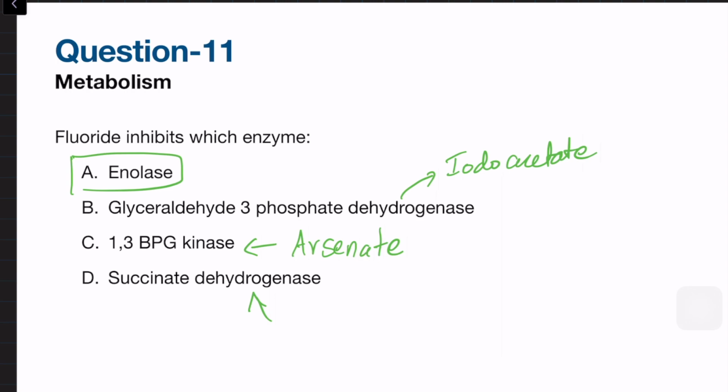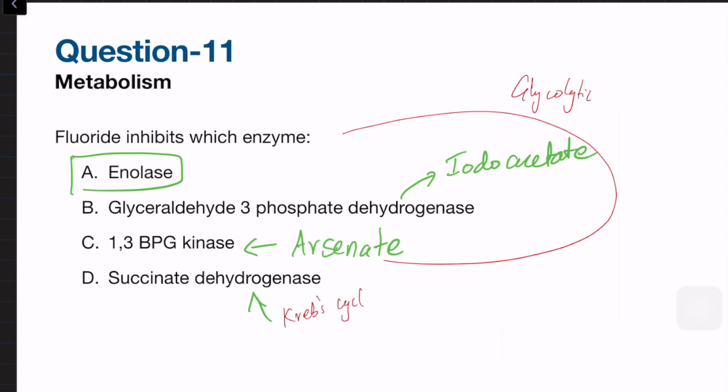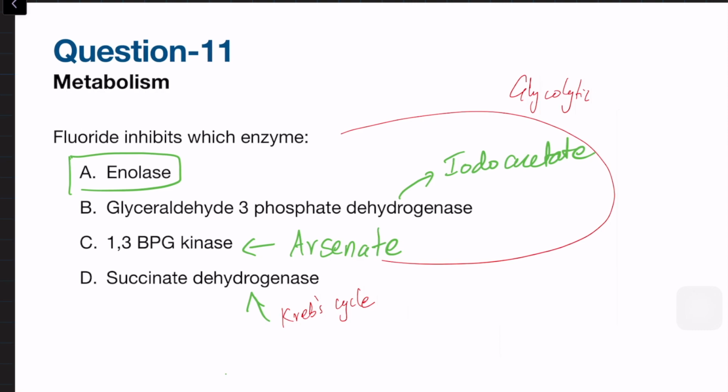Succinate dehydrogenase, this is not a part. These three are glycolytic enzymes. This is a Krebs cycle enzyme, and the inhibitor of succinate dehydrogenase is malonate.